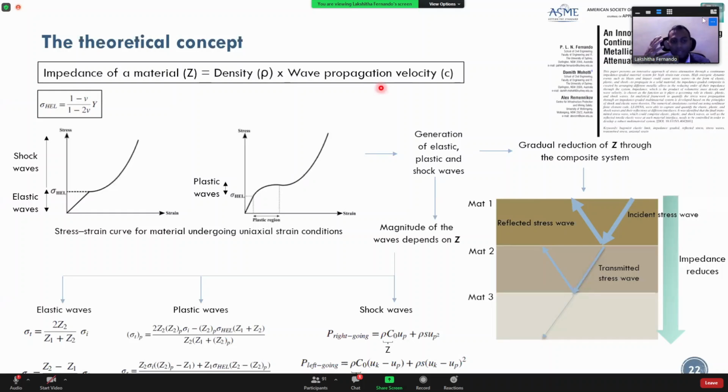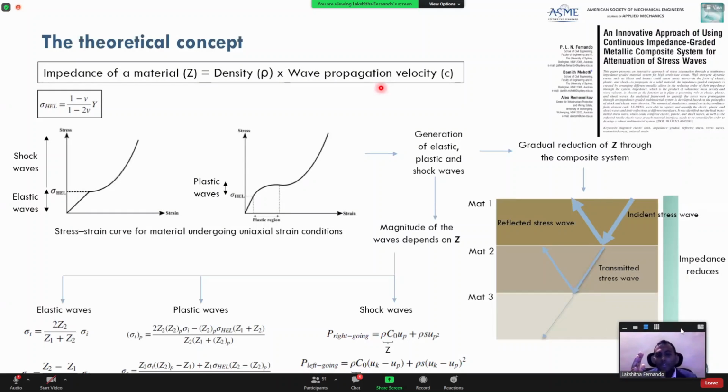Now, when we are dealing with blast loads, we need to think of it as the structure getting loaded in the form of waves. So we have waves that will propagate through the structure. This is that figure again. The accurate way of representing a structure under this kind of loading is to consider the wave propagation.